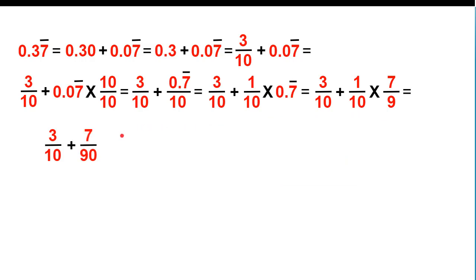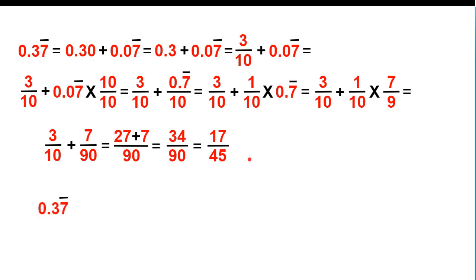Very easy to calculate it. It's eventually 34 over 90, which can be simplified and should be simplified to 17 over 45. We divide the 34 by 2 and the 90 by 2. Very simple. So 0.37, where only the 7 is recurring, equals 17 over 45.